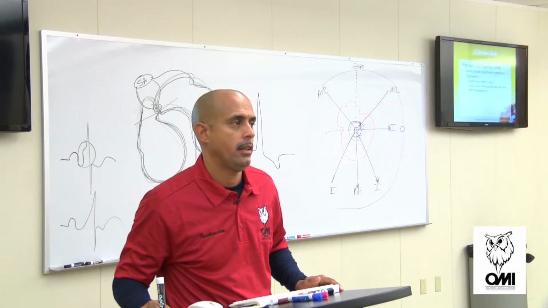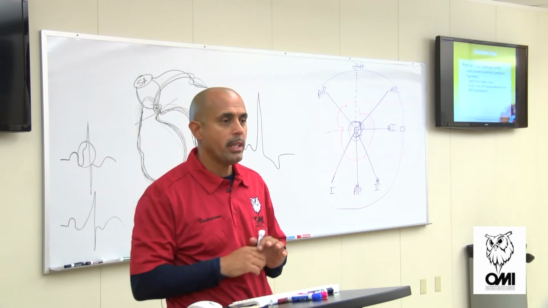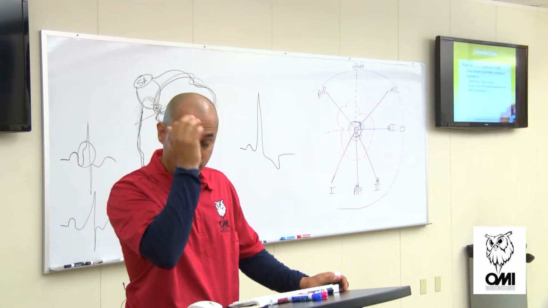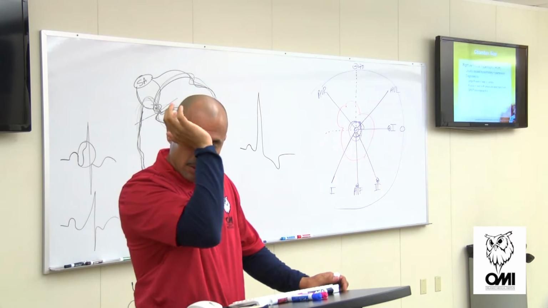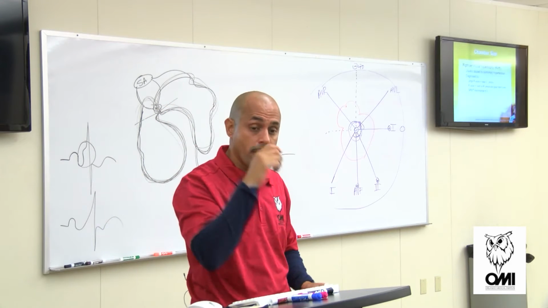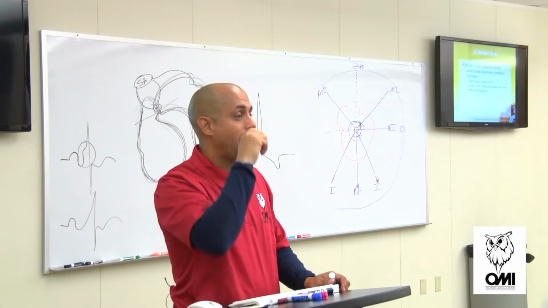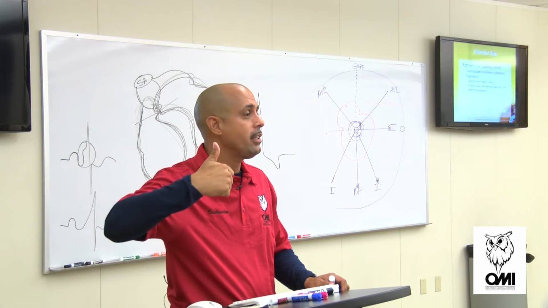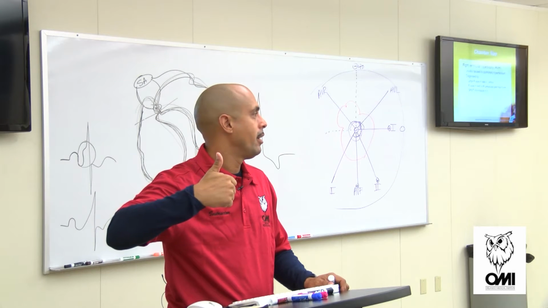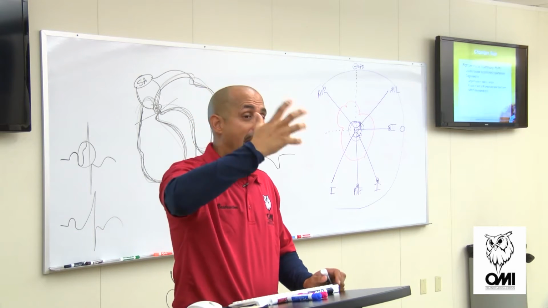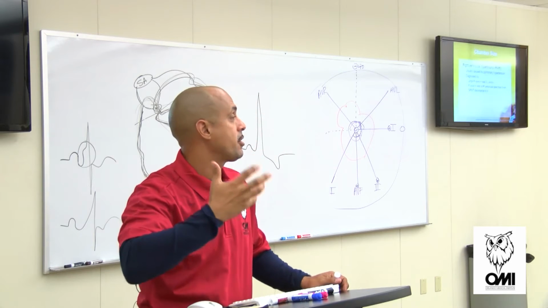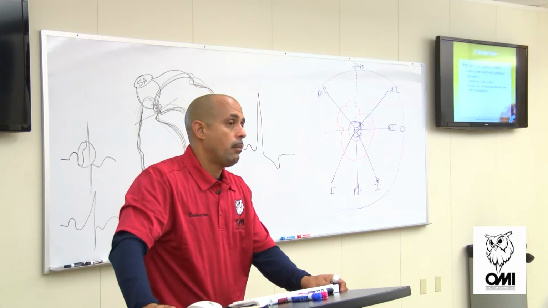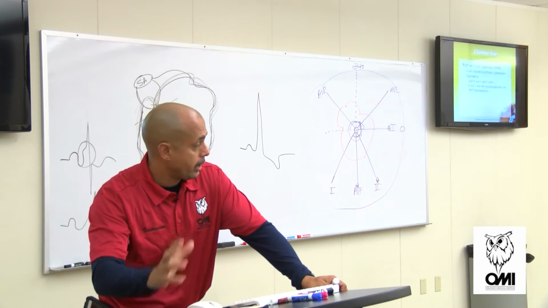Why, CHF? Yes, very good. If my left ventricle is not pumping adequately, the fluid is backing up, increasing pulmonary pressure. So a bad left ventricle can cause pulmonary hypertension and make that right ventricle work harder and create enlargement.